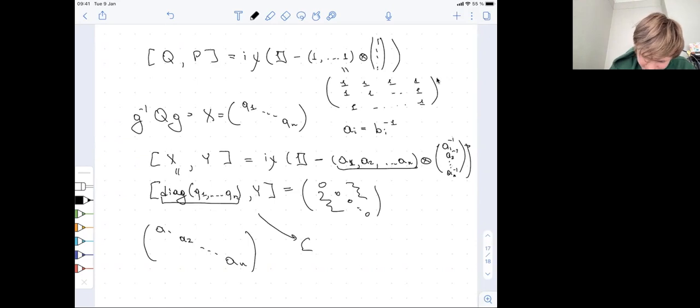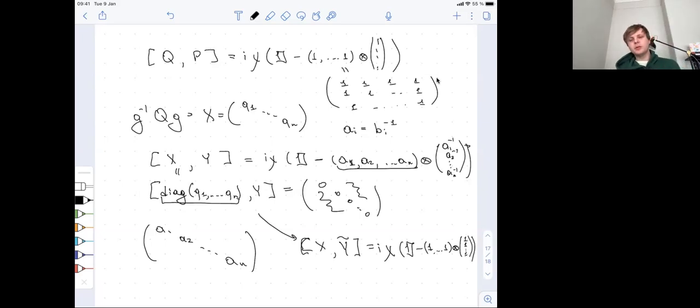On the right-hand side, you will still have X and Y twiddle, some matrix, and on the left-hand side you will have the same value of the moment map.